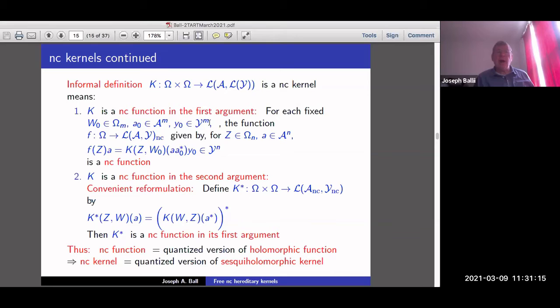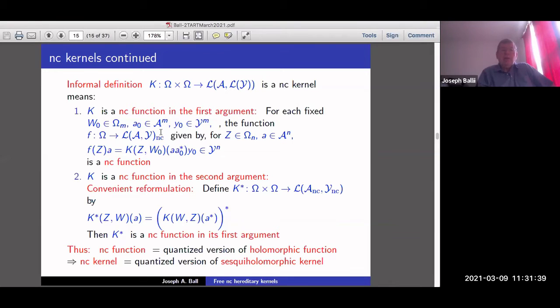I'm going to fix Y naught, the column over Y, M entries. Then I'm going to use these data to define a noncommutative function, as we've had before, from omega, and the vector space it goes into is linear operators from A to Y, and I take square matrices over that.